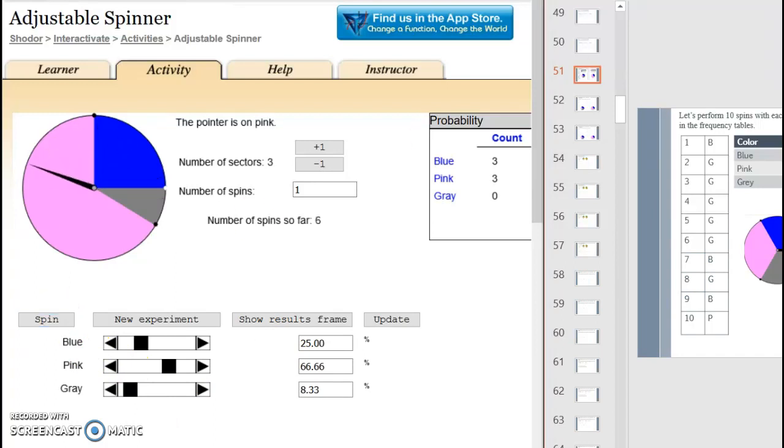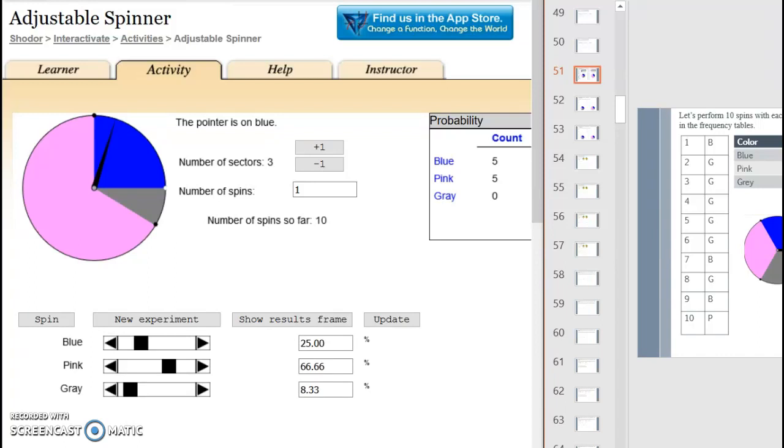A pink. Blue. A lot of pink and blues here. Pink. And blue. Not a single gray.